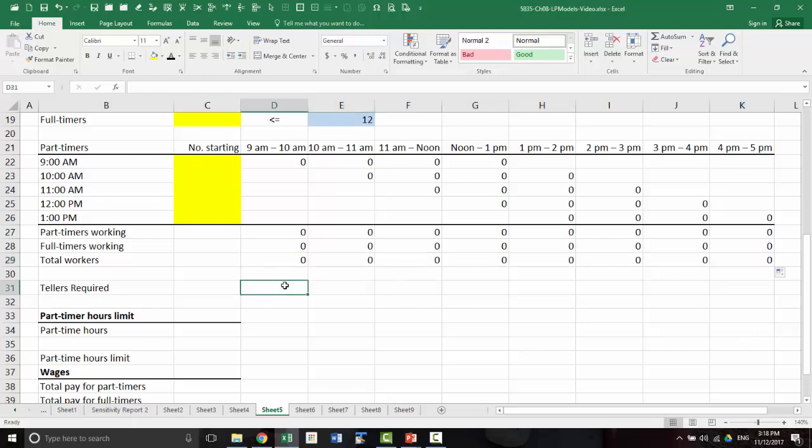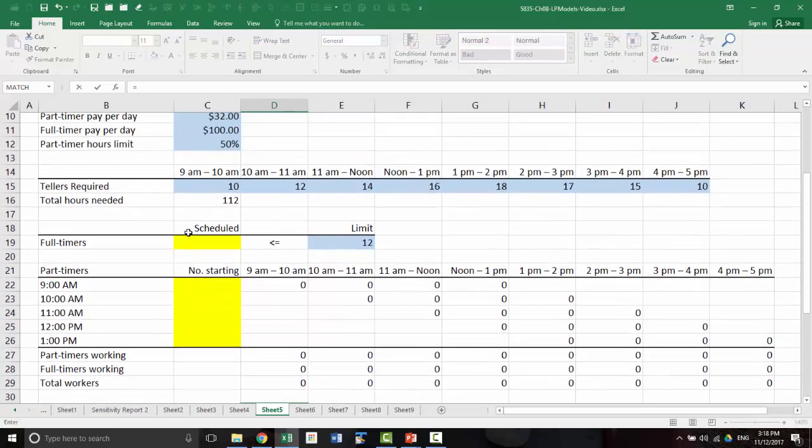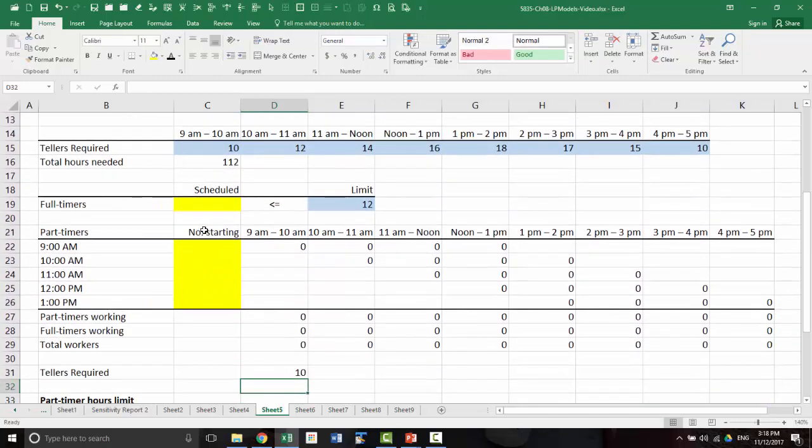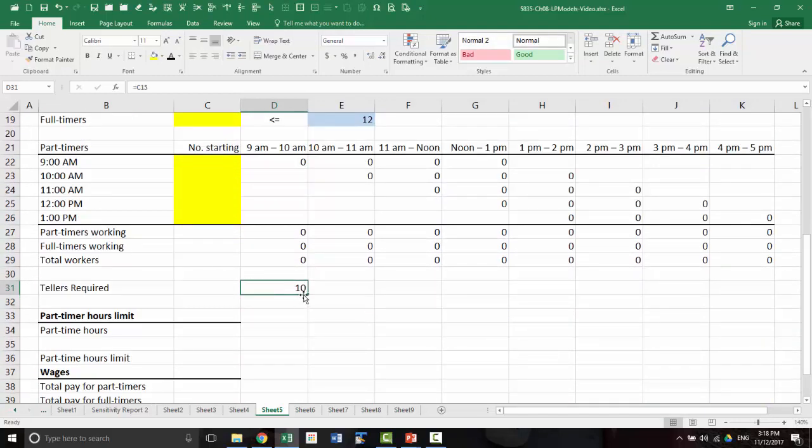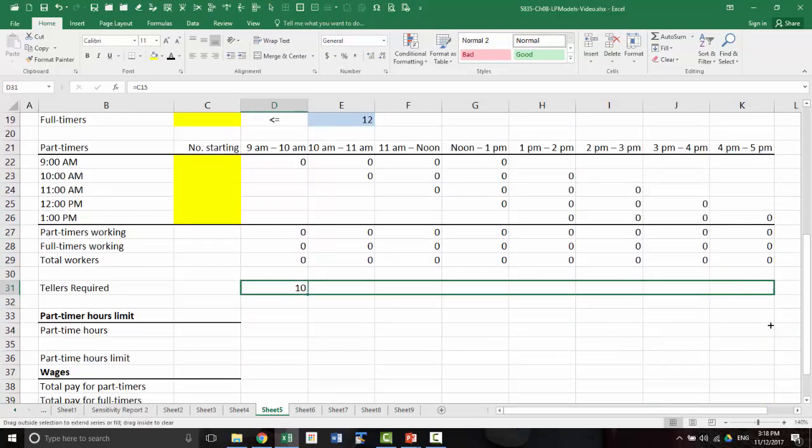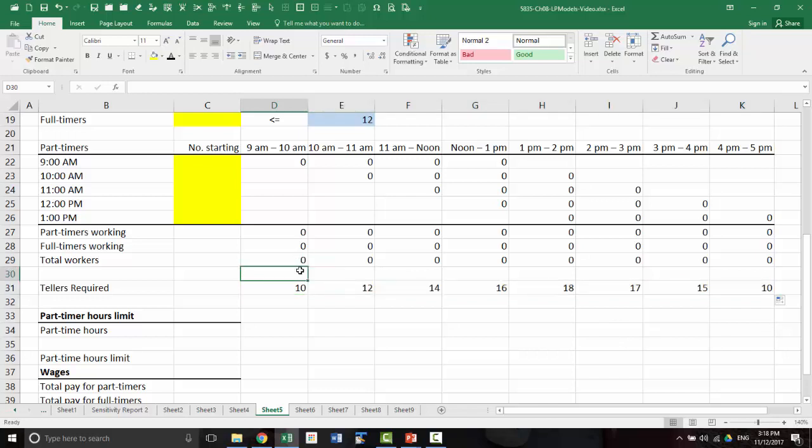And the tellers required is from here. We need to make sure that we have at least that many workers.